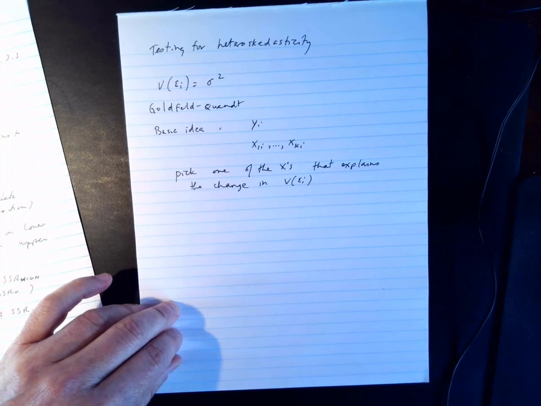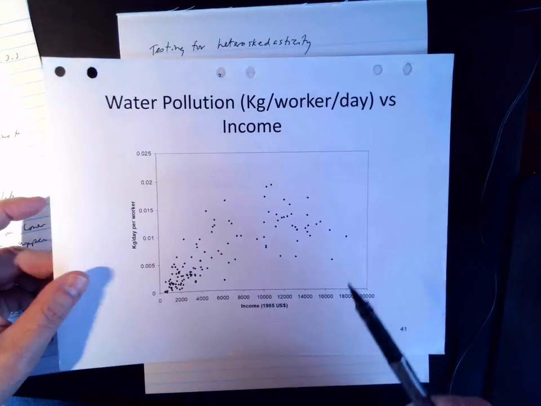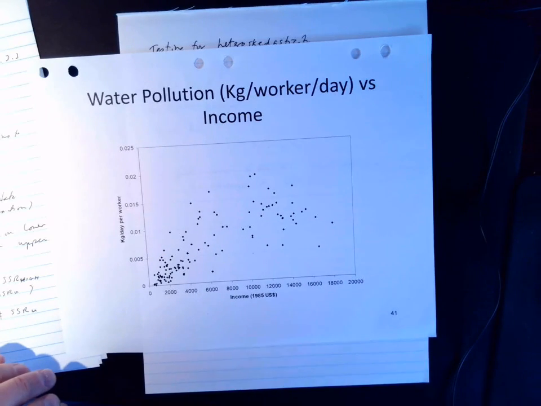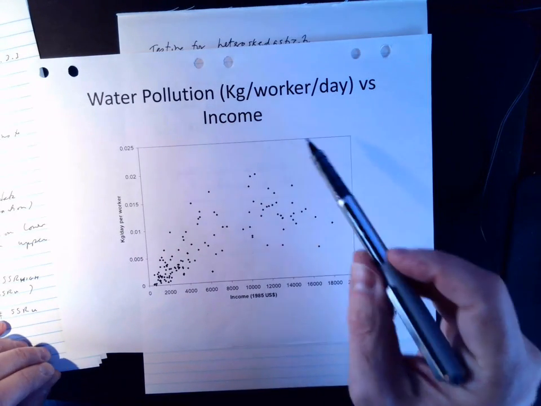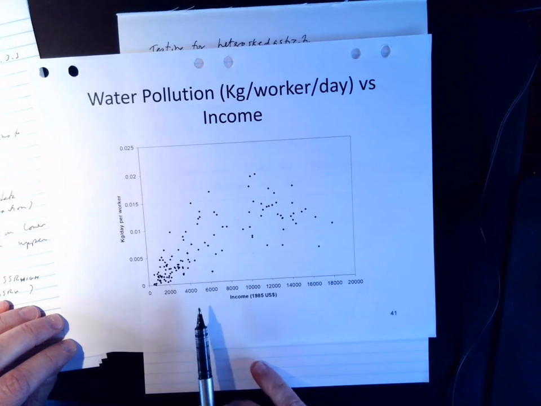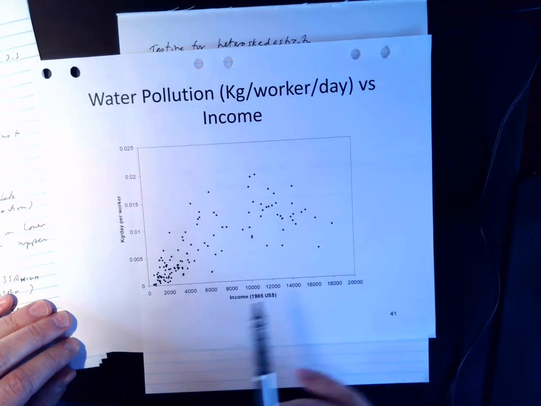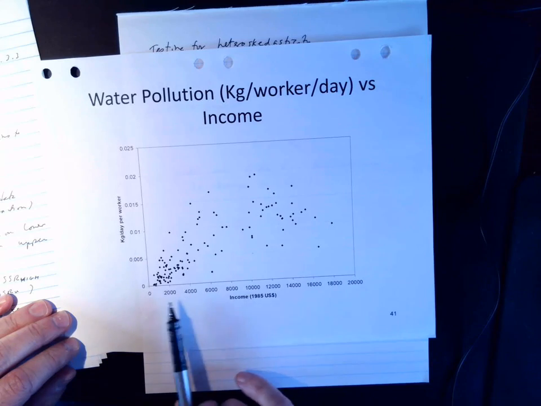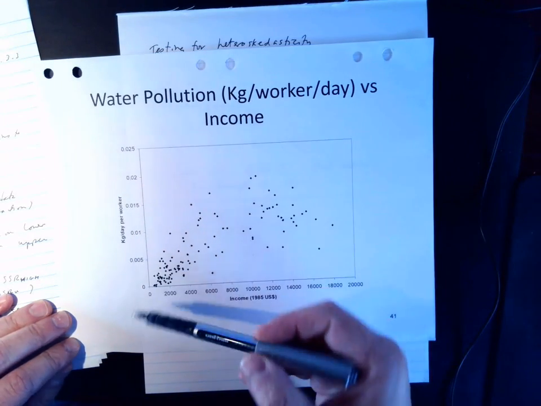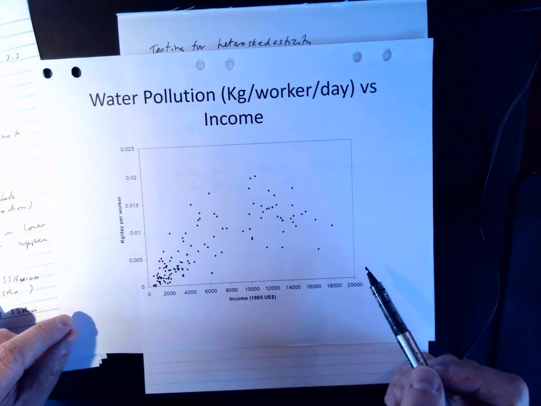So let me give you an example. I'll just pull up some data here that I have. This is from a study I did many years ago on water pollution rates around the world, kilograms per worker per day, graphed against income. This is a sample of 128 countries around the world. This is the income per capita in 1985 dollars, and this is the water pollution rates. So classic heteroskedasticity.